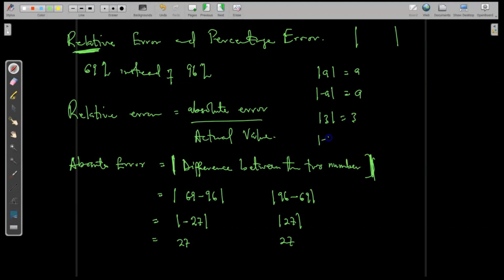Absolute value of -3, the answer is still what? 3. So an absolute value of something can't be negative. It is always supposed to be positive.